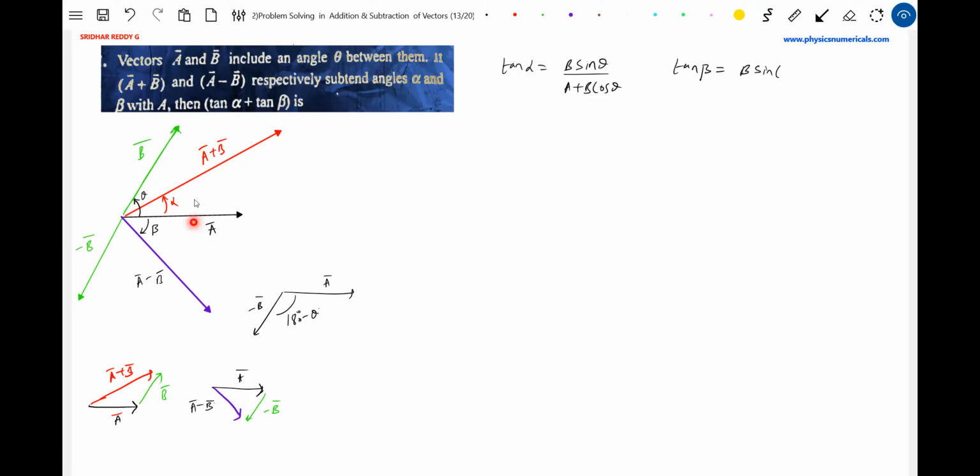Theta is the angle between A bar and B bar, so 180 minus theta will come here. So tan beta is sine of 180 degree minus theta over A minus B cos theta. Sine of 180 minus theta will be sine theta, so B sine theta over A minus B cos theta.